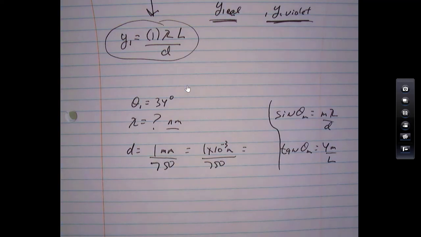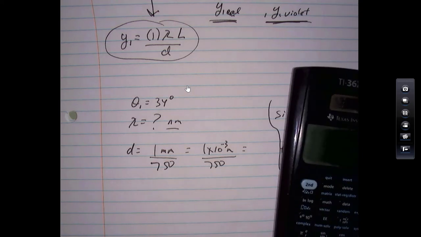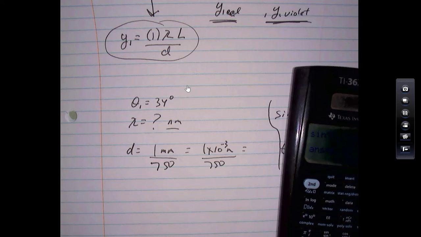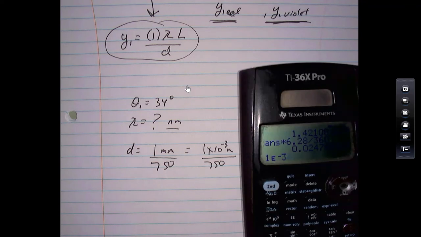So that's 1 times 10 to the minus third meters for 750 slits, and then we can figure out the slit separation. So rarely do they actually tell you d. They just say a certain distance and a certain amount of slits, and then you have to figure that out. So be careful. It's the size divided by how many you have. So 1 times 10 to the minus third divided by 750.